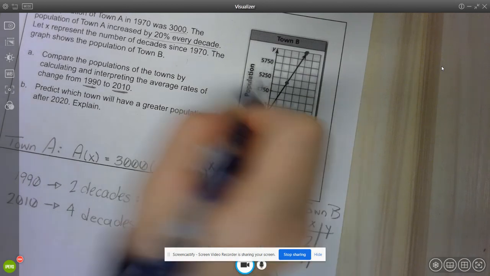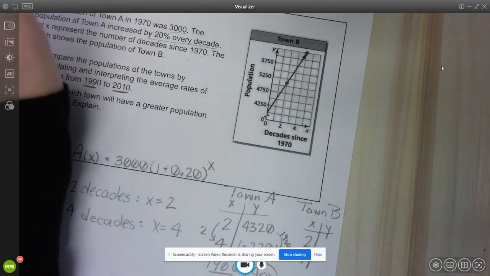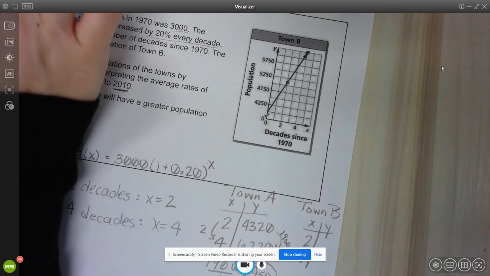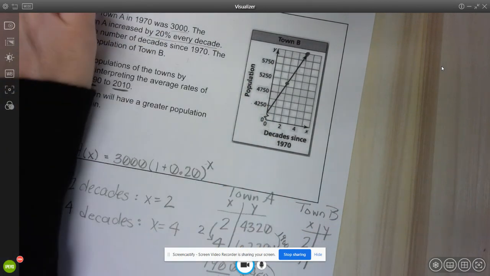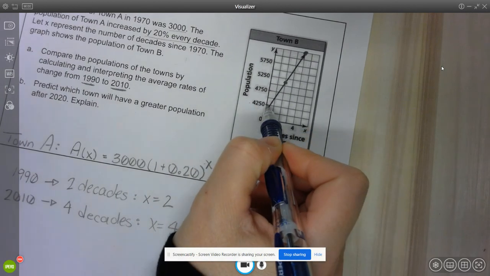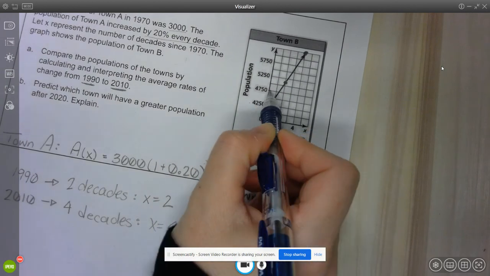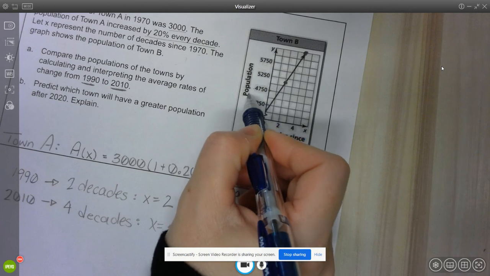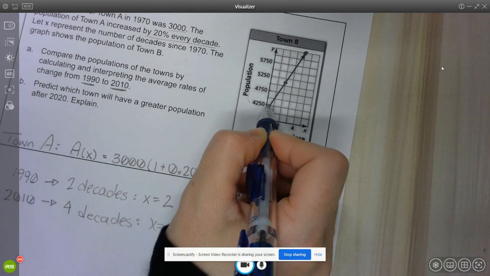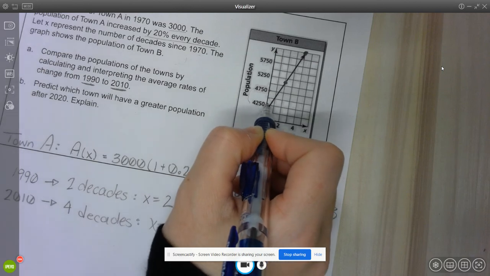So here's what I would do. I would do 4,750, and I'm going to subtract 4,250. And then I'm noticing that that takes 2 jumps. This is a distance of 500, so that tells me this one jump here is 250.